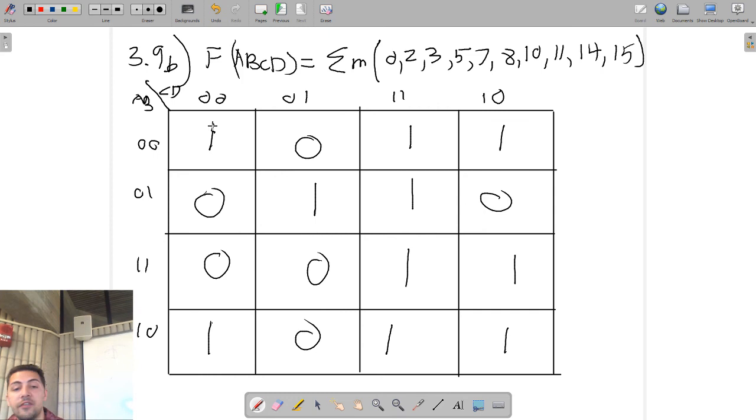And it wants us to find all of the prime implicants. So first thing we do is set up our checklist. 16, 8, 4, 2, 1. Obviously, we don't have 16. Do we have any groups of 8? No. So now we're down to groups of 4.